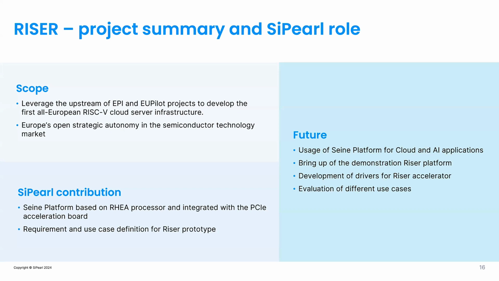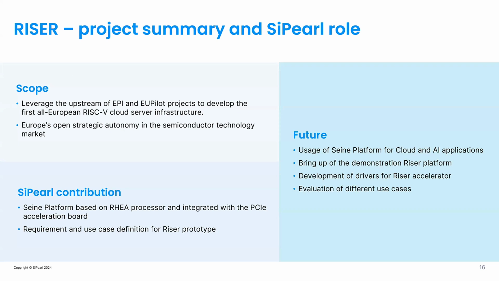The scope of Riser was to leverage the upstream of EPI and EuPilot in order to develop the first all-European RISC-V cloud server infrastructure. It was done in order to increase our European strategic autonomy in terms of semiconductor technology.